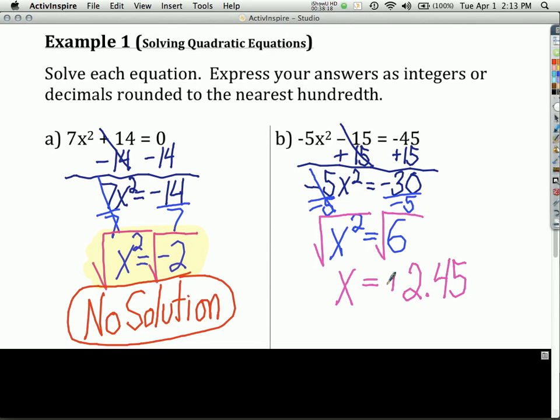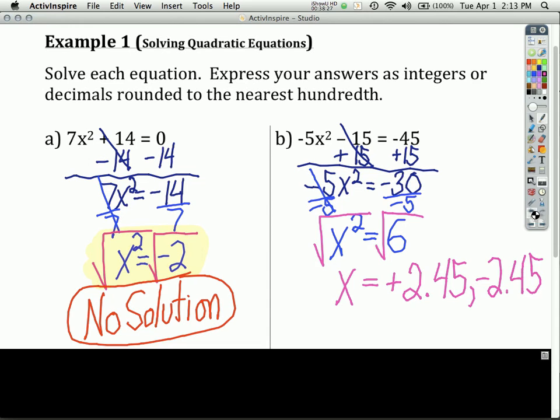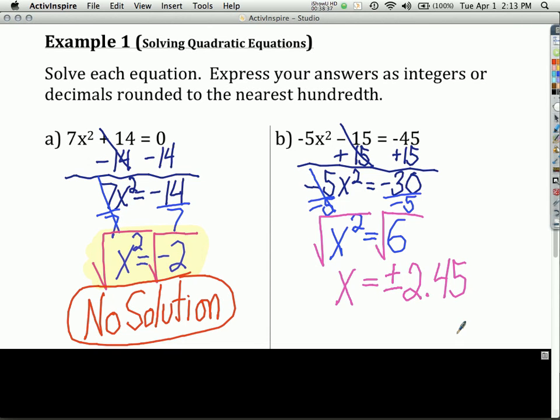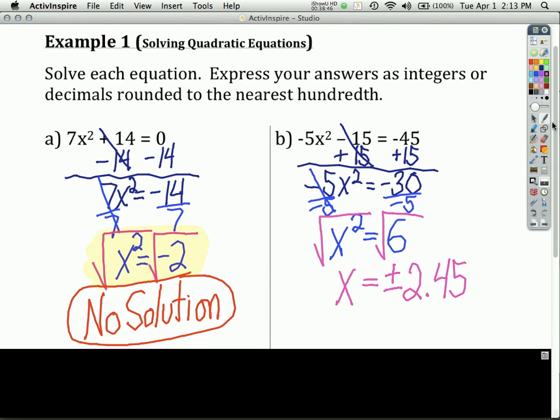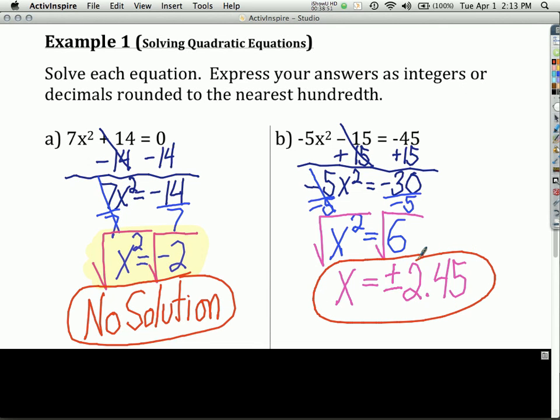You can either write it like this, or if you're high level, you can write it simply like this. They have the same meaning. This symbol means positive 2.45 and negative 2.45. And so there are two solutions.